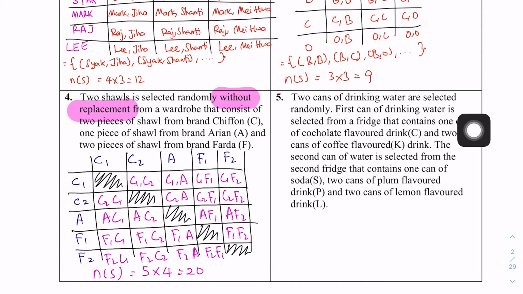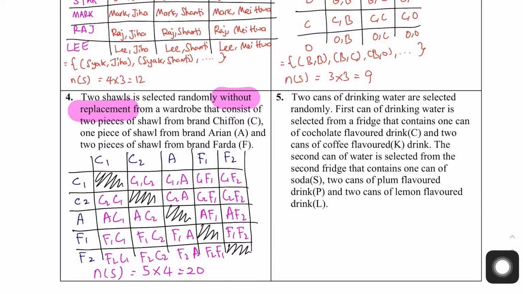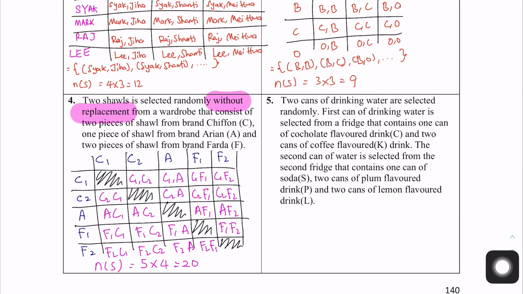Why suddenly do we have 4 over here? 4 is because without replacement. When the first one you already taken out, then for the next choice you only have 4 choices to pick. So for number 5 it is also the same.